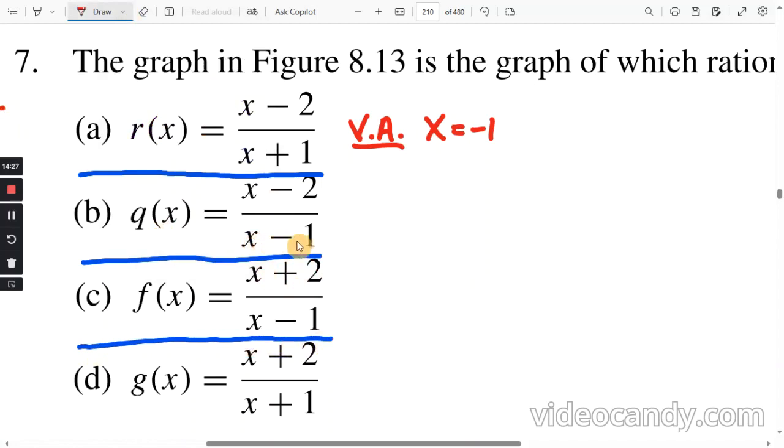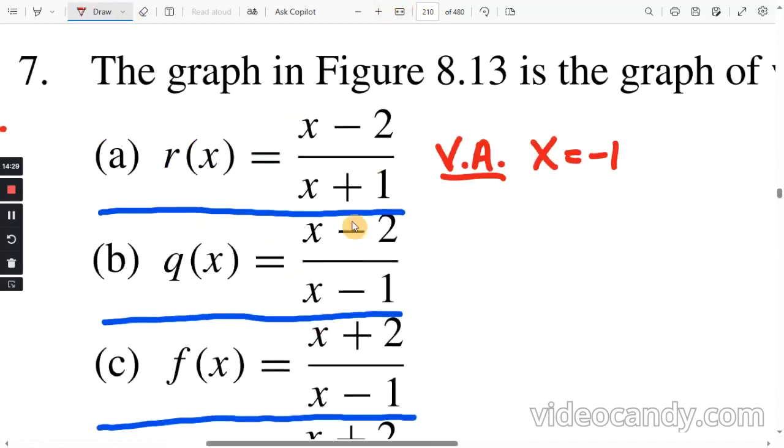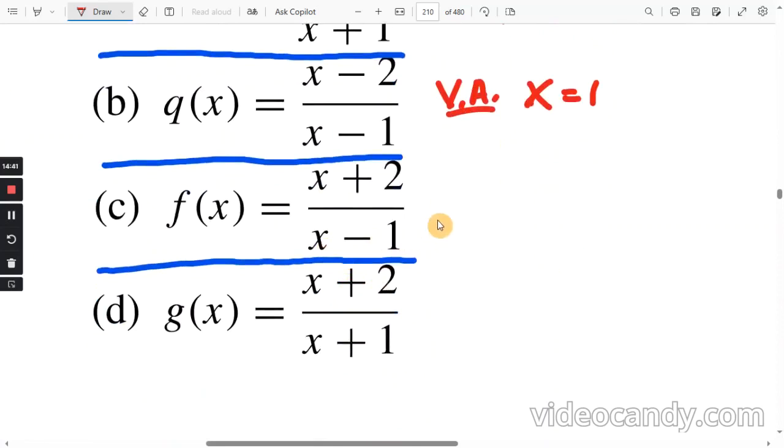Right here, if you set this denominator equal to 0, the vertical asymptote is going to be x equals 1. Right here, the vertical asymptote is x equals 1. And right here, the vertical asymptote is x equals -1.